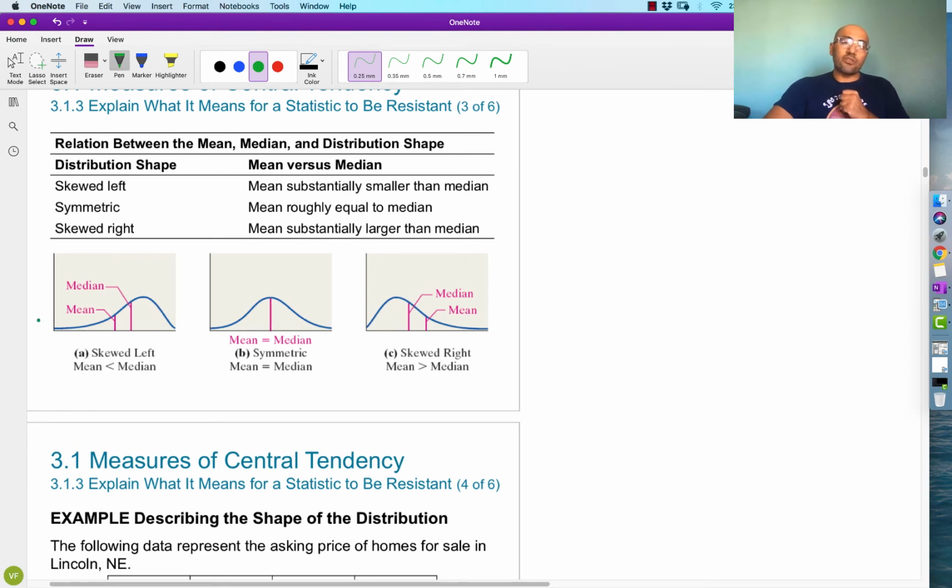So when we have a skewed left data set, the mean will be to the left of the median. On the other hand, if we have a distribution like this one, it means that there are a few outliers over here, unusually large relative to the rest of the data, and those numbers are having an impact on the characteristics of the entire population, but they impact the mean a lot more than they impact the median.